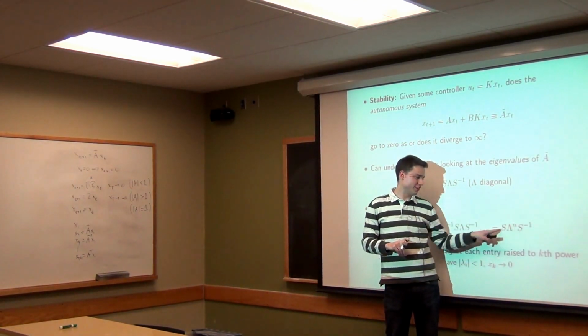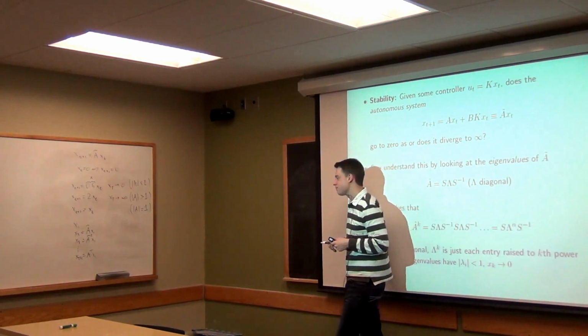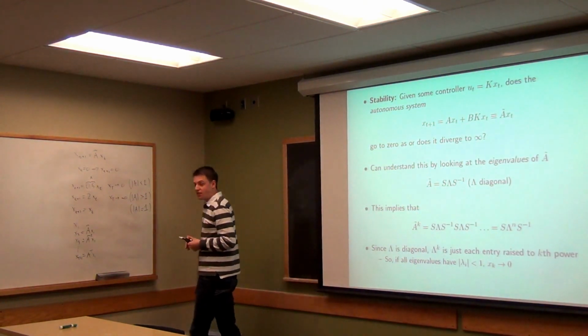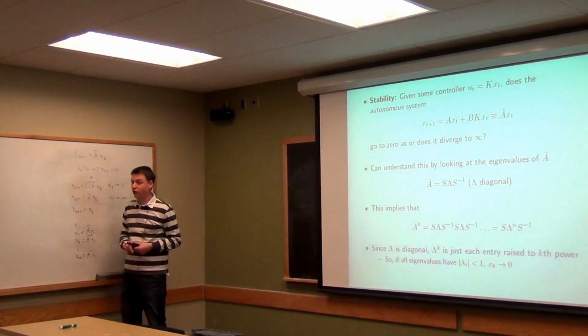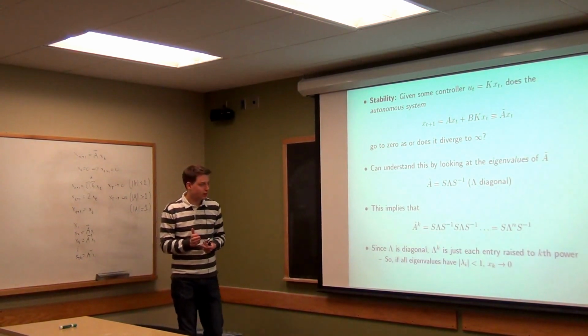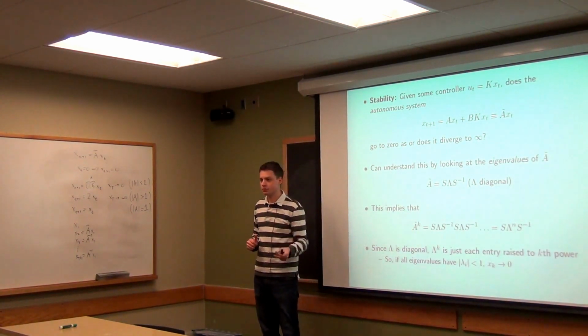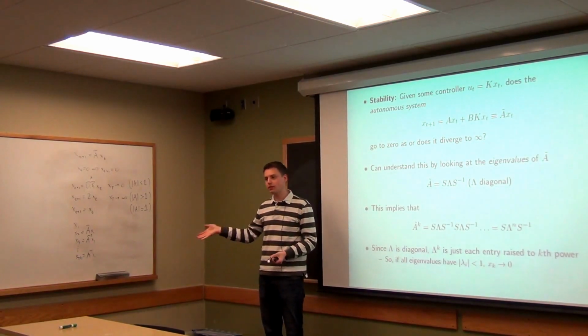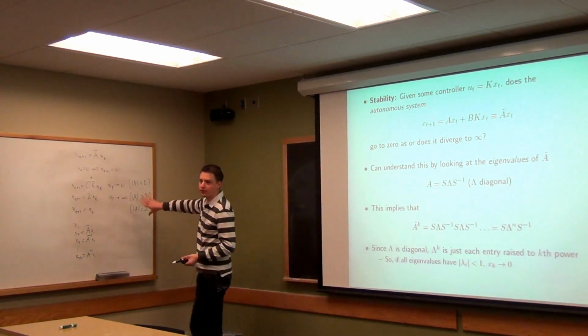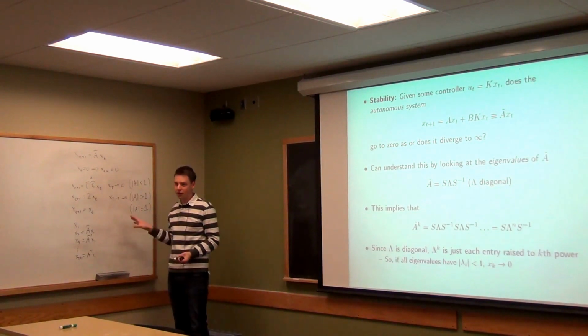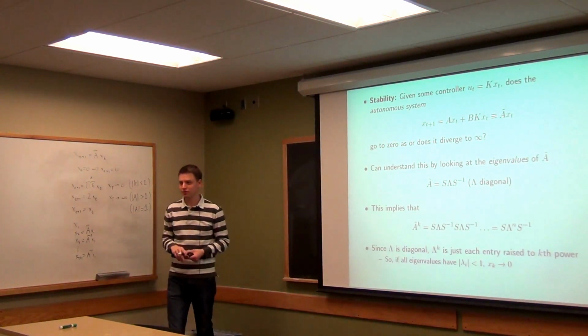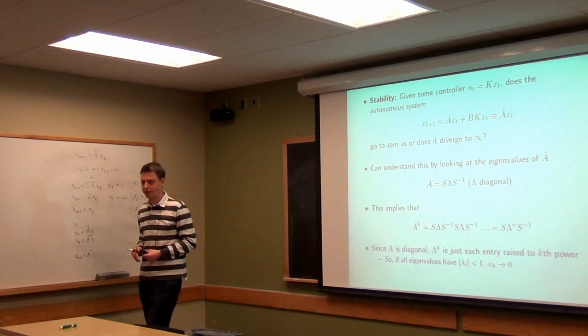So once you do this, everything goes to infinity. Whereas if they are all strictly less than 1, this will in fact go to 0. If any one is equal to 1, then you stay in this boundary case here, and it'll never vanish entirely, but you won't go to infinity either.